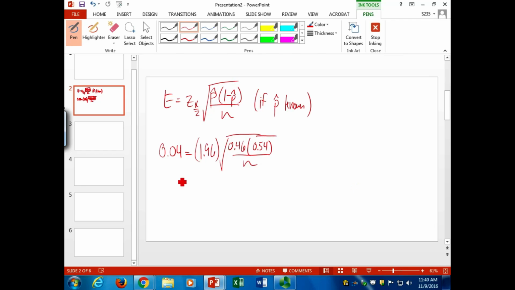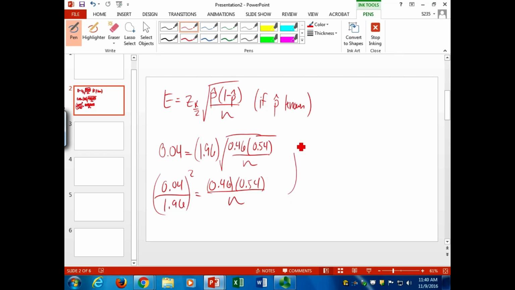So you would divide this side by 1.96, and that would leave you the square root, so you probably square both sides. That would leave you with 0.46 times 0.54 over n on the right-hand side. And then you would swap out.